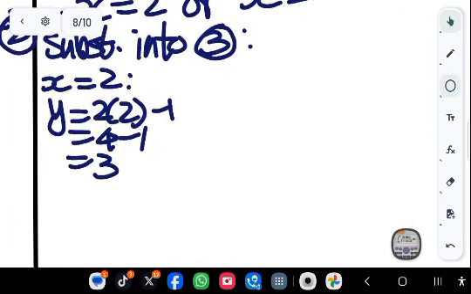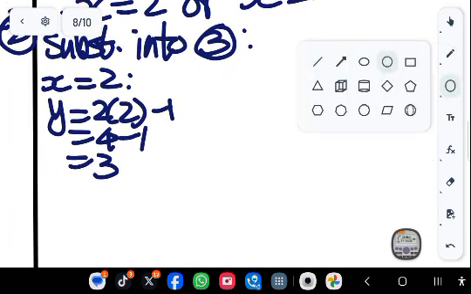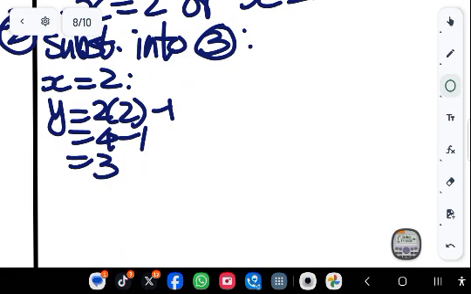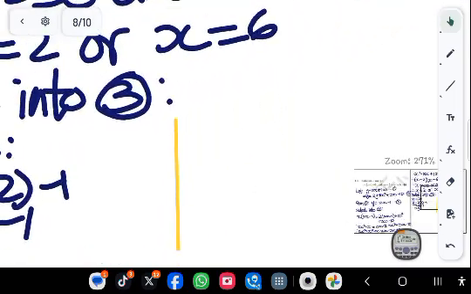And then for the other one, let's make it yellow. For the other one, that will be for when x equals 6.